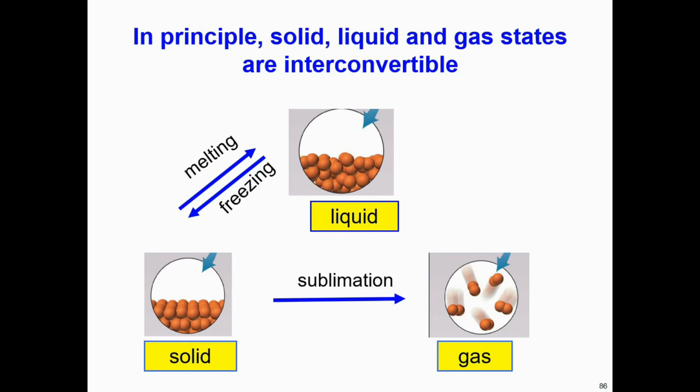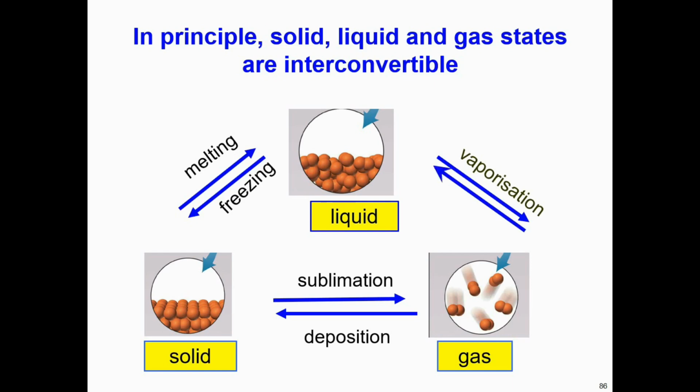Solid turns into gas through sublimation, and gas turns into solid through deposition. Liquid turns into gas through vaporization and boiling, while gas turns into liquid through condensation.